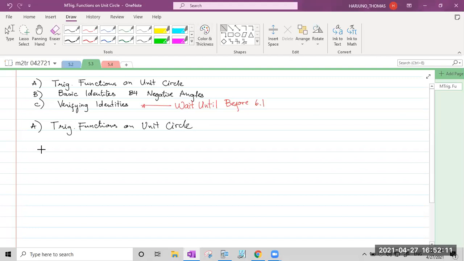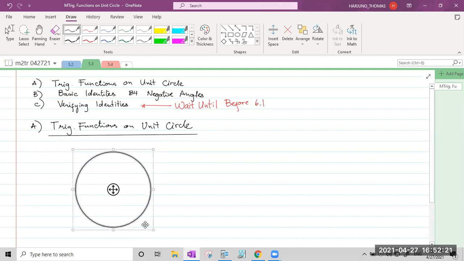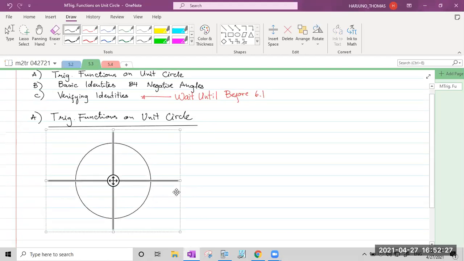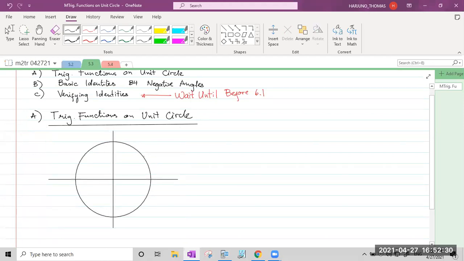Now we have had from the previous section that if you have a circle with radius r on a coordinate system, let's say again, this is radius r.